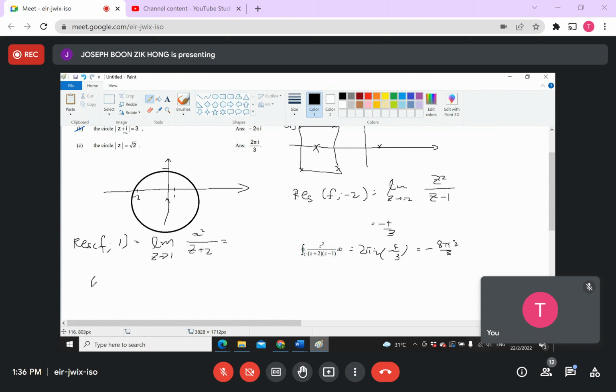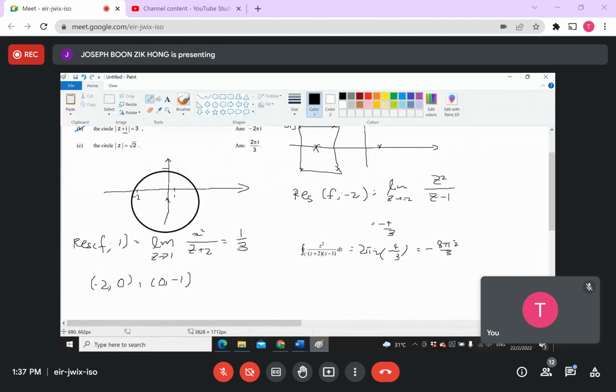Negative 2 means negative 2 and 0. This one is 0 and negative 1. We try to see whether that distance is less than 3 or greater than 3. So it will be the square root of 4 plus 1. Yeah, it should be inside. Okay, so when you put 1 inside, I will have 1 over 3.